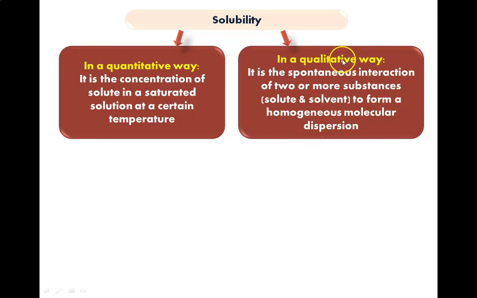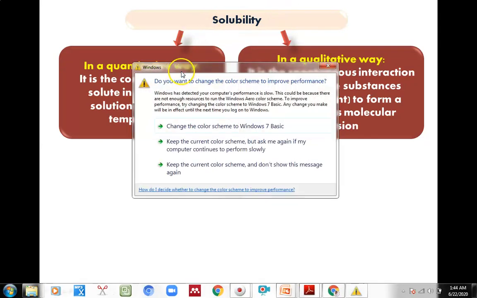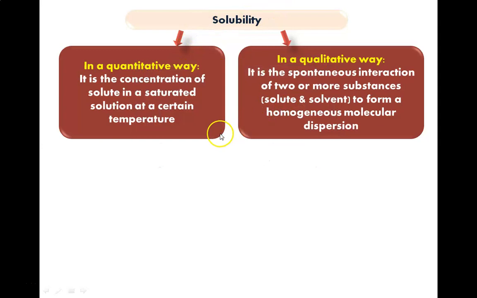So qualitatively, it is a spontaneous interaction between solutes and solvent, and quantitatively, we can measure how much sugar is dissolved in water at its saturation point at a given temperature.